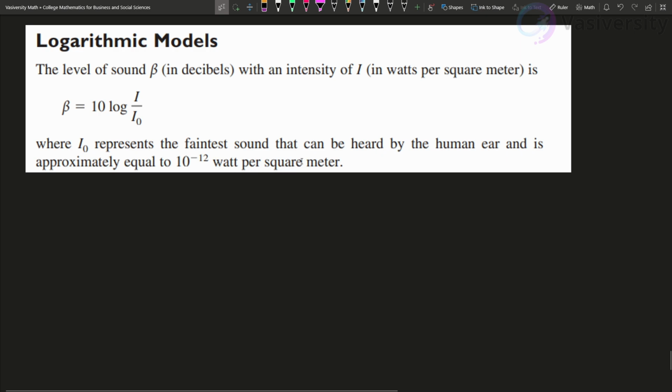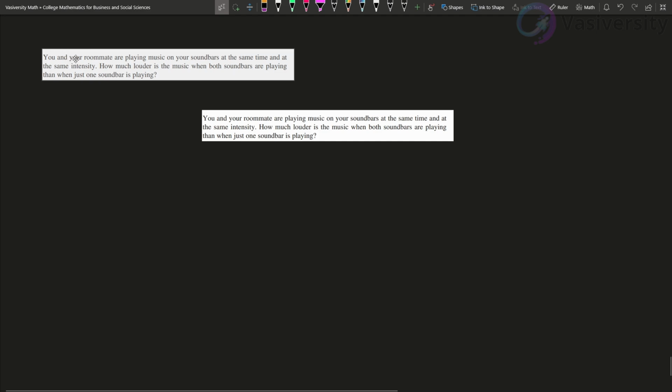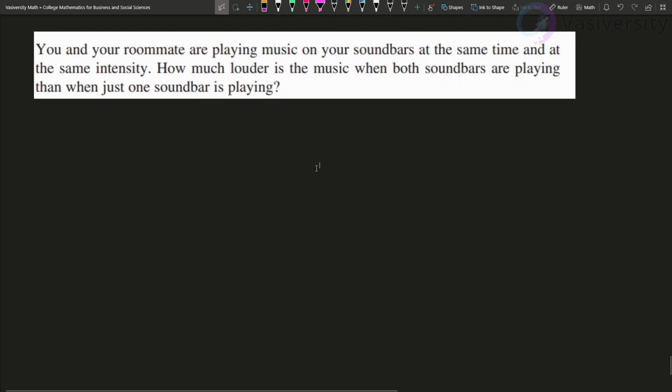Okay, so now let's take a look at a problem. You and your roommate are playing music on your soundbars at the same time and at the same intensity. How much louder is the music when both soundbars are playing than when just one soundbar is playing? Okay, so essentially, let's do this.